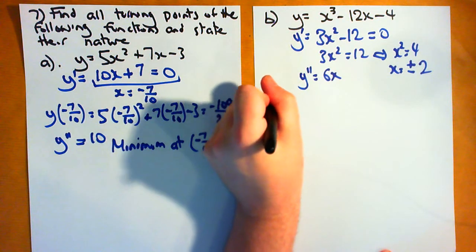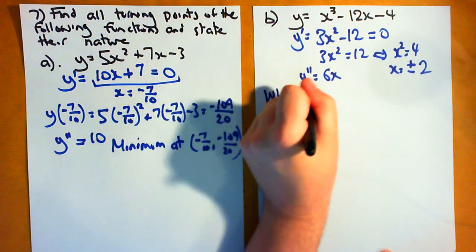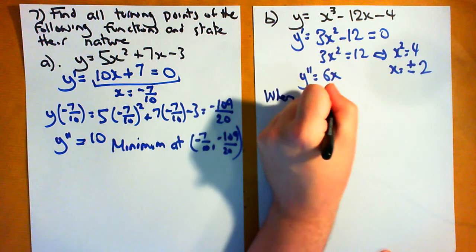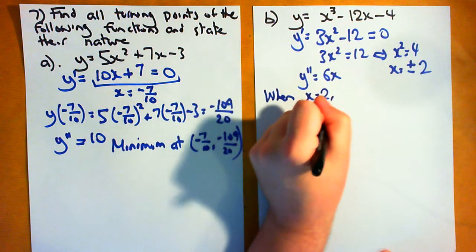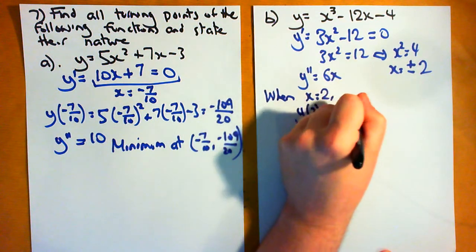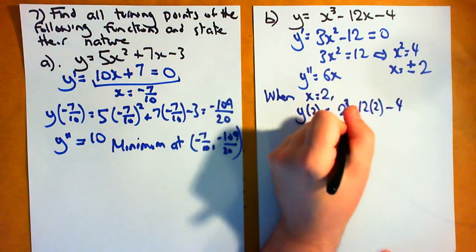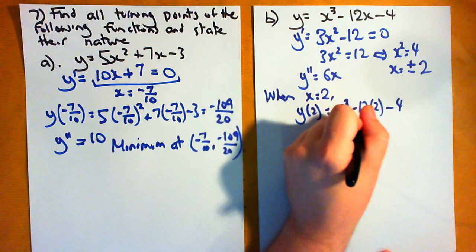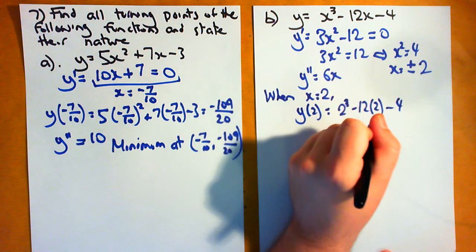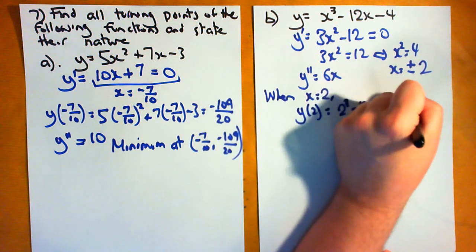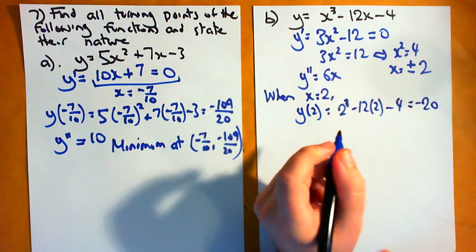Okay, so we've got a turning point at x equals 2. So when x equals 2, what's y of 2? That will be 2 cubed minus 12 times 2 minus 4. So 2 cubed is 8 minus 24. So far we have minus 16 minus 4 is negative 20.